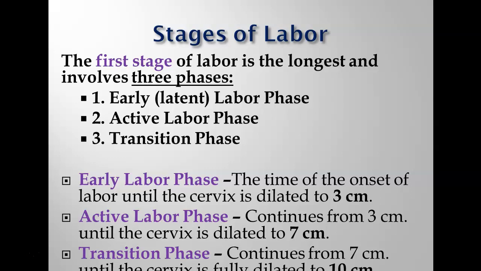In the active labor phase, this will be the continuation of the cervical dilatation from 3 centimeters to 7 centimeters. And then the transition phase will continue from 7 centimeters until the cervix is fully dilated at 10 centimeters. So those are the 3 phases that are in the first stage of labor.